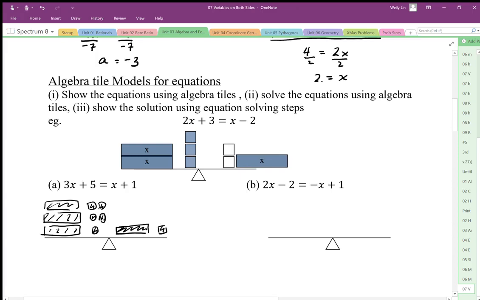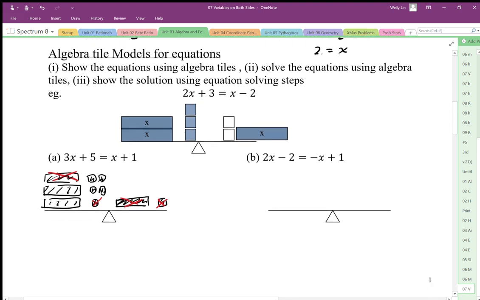Okay, so we could solve this. We can just take off x and x, take off an x here, take off an x here, take off 1 here, take off 1 here. And it looks like 2 x's and 4 1's equals 0, so those x's must be -2. Okay, so we could solve it like that if we want.